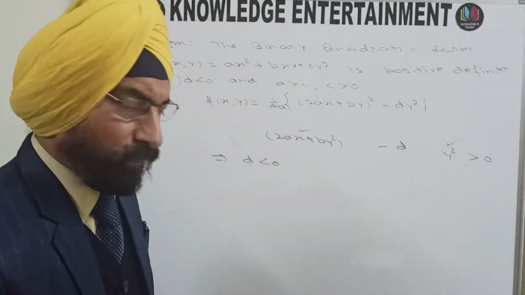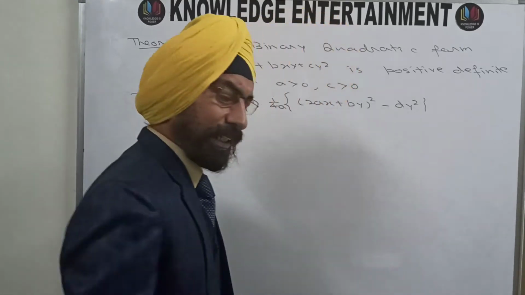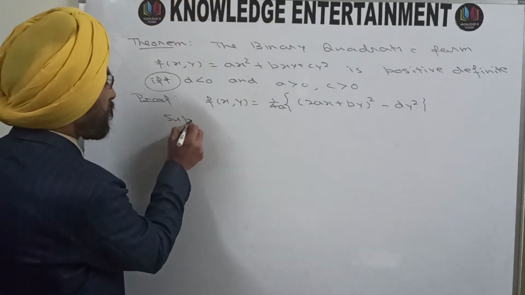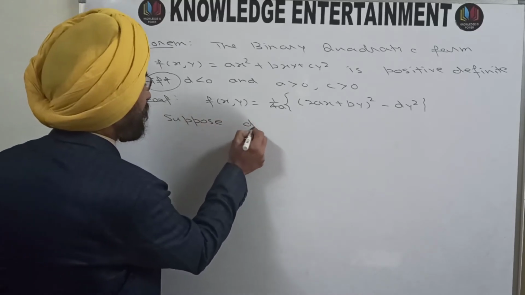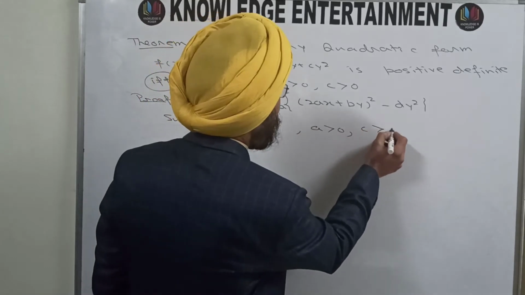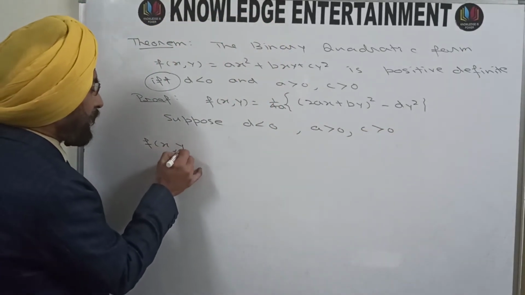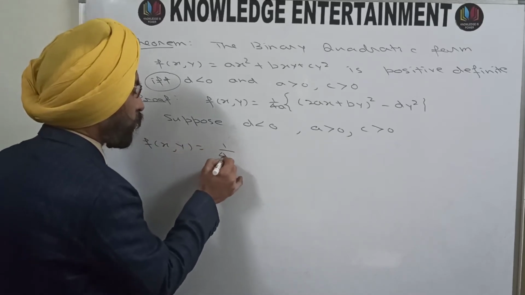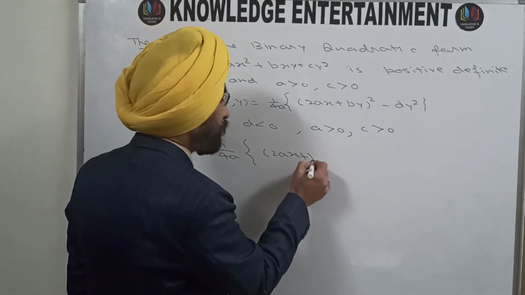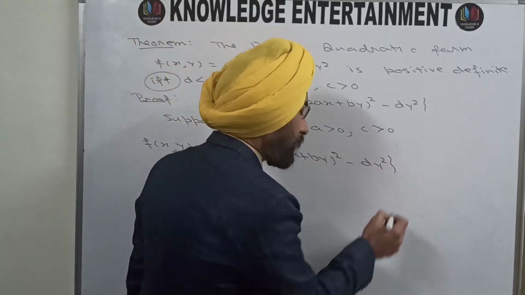So this is the first part. And now let us move on to the converse. Conversely, suppose your d is given to be less than 0, a greater than 0, c greater than 0. This is given now. And what is your f(x,y)? Your f(x,y) is 1 upon 4a times (2ax plus by) square minus d y square.